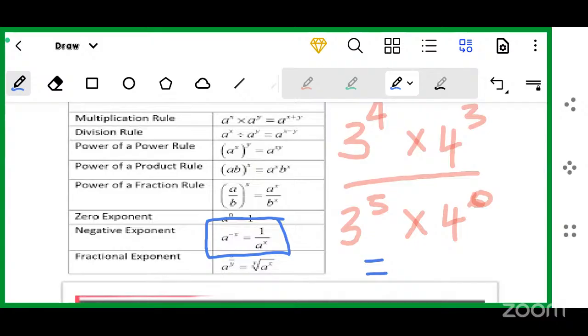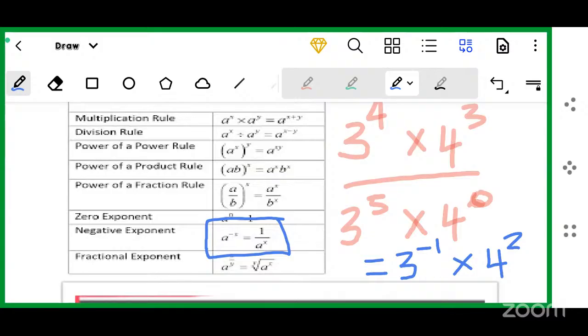Ma'am, I got 3 to the power of -1 and times 4 to the power of 2. Okay.